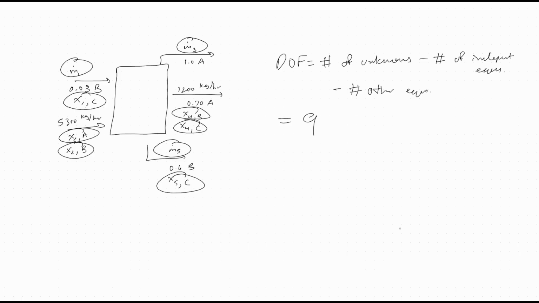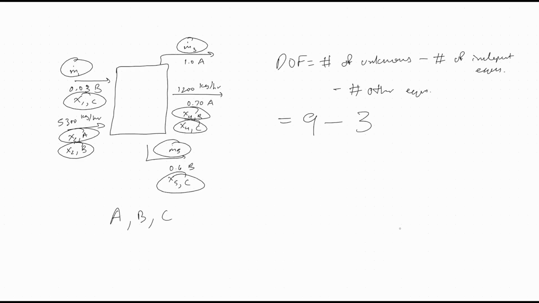Now we need to subtract the number of independent equations. We know that we can create a mass balance for each species. The total mass balance, of course, is dependent, but the number of species should be equal to the number of equations. So we have 3 species, A, B, and C. Therefore, we should have 3 independent equations.